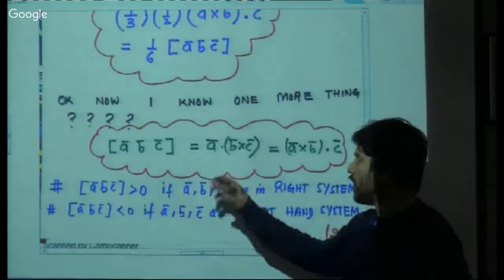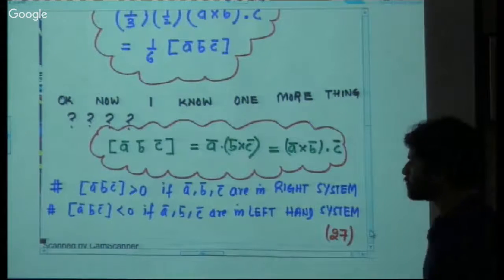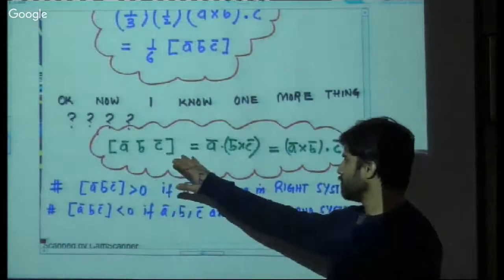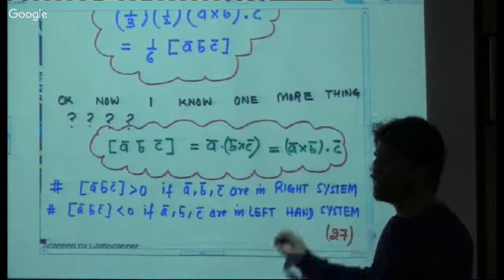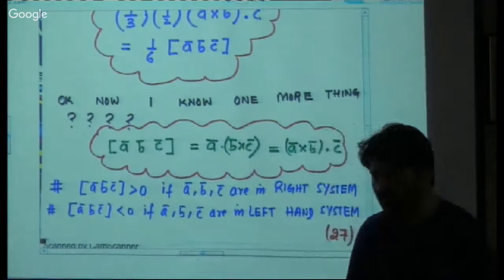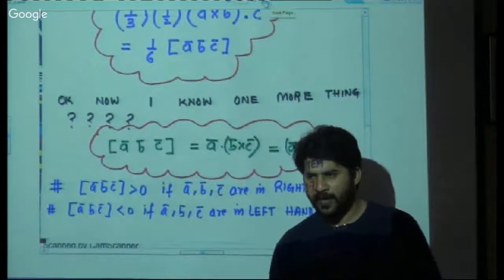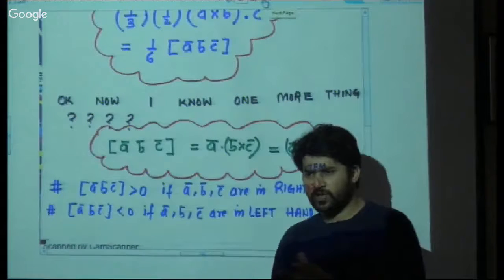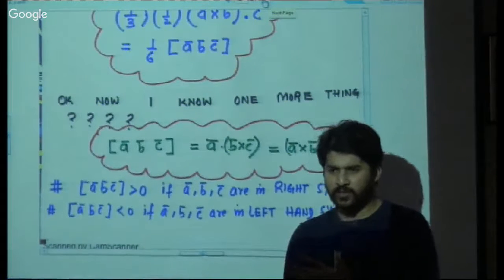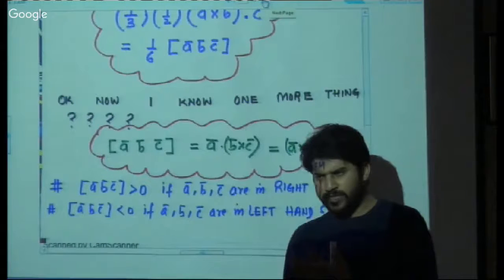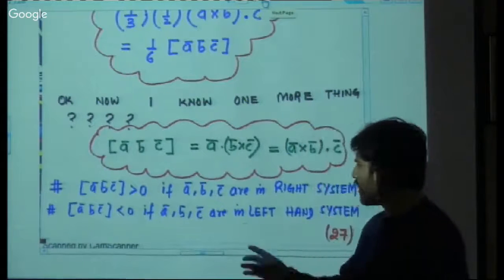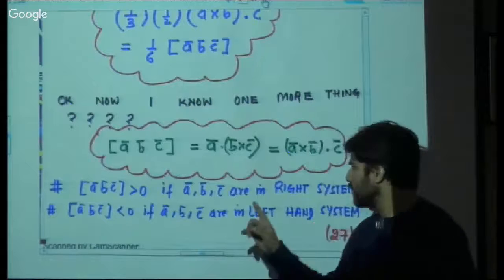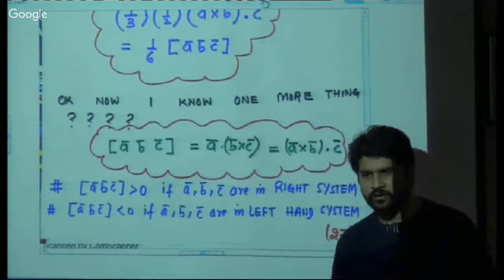Okay, now I know one more thing that [A B C] is A dot B cross C, A cross B dot C. अच्छा एक बात बताओ, when you have created a parallelepiped, तो किसी को भी base बना सकते हो ना? किसी को भी base बना सकते हो, तो volume किसी को भी base लेके तुम निकाल सकते हो. तो अगर मैं कहूं A dot B cross C या कहूं A cross B dot C, कोई फर्क होगा क्या?